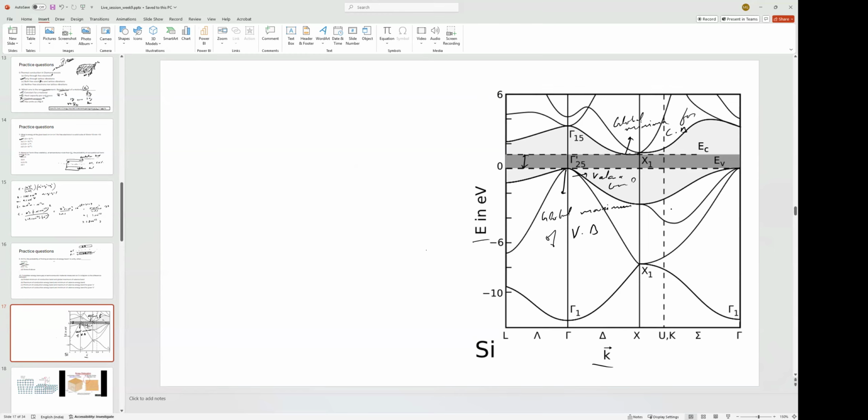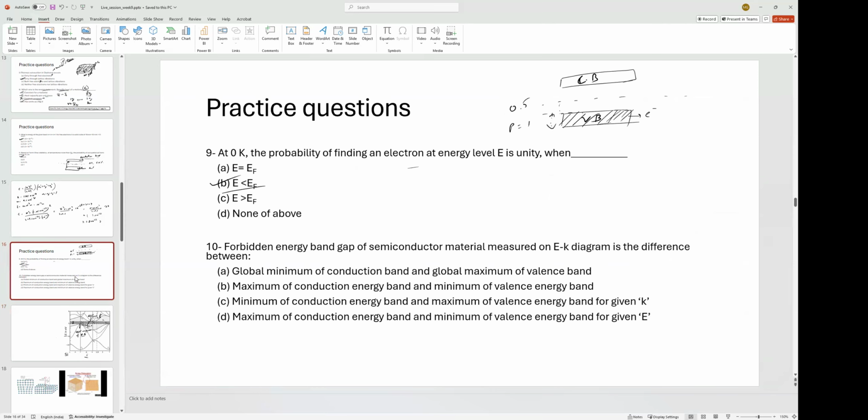The difference between the global maximum for the valence band and the global minimum for the conduction band is your band gap.